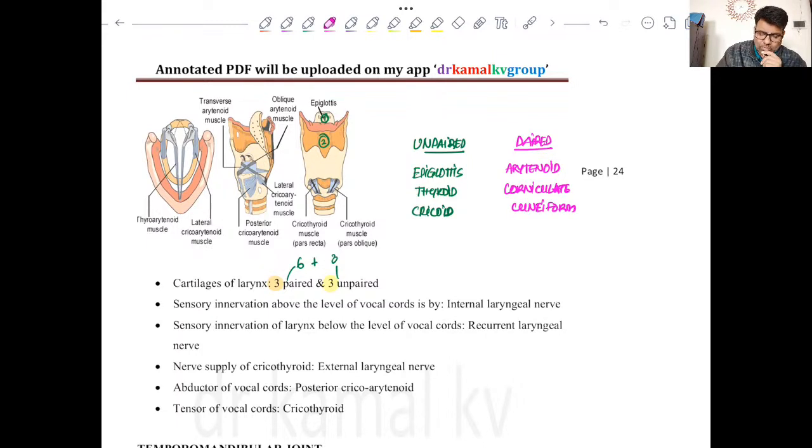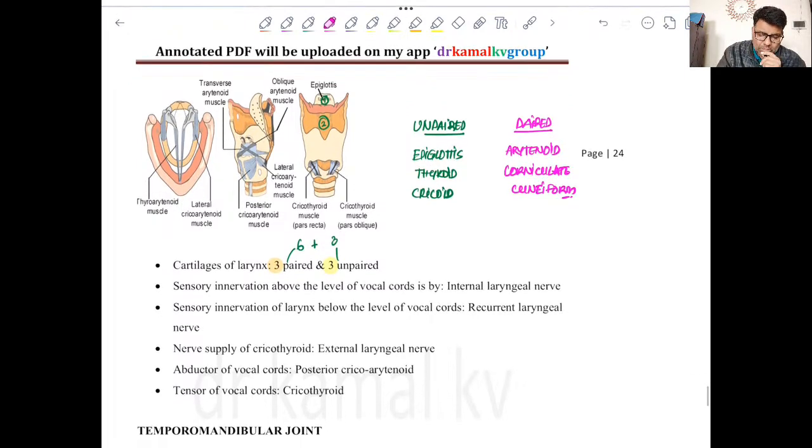Clear? So this is now with respect to the vocal cord, sensations above is given by internal laryngeal nerve and below is by recurrent laryngeal nerve. So suppose this is the level of vocal cords, this is all internal laryngeal nerve and this is all recurrent laryngeal nerve.